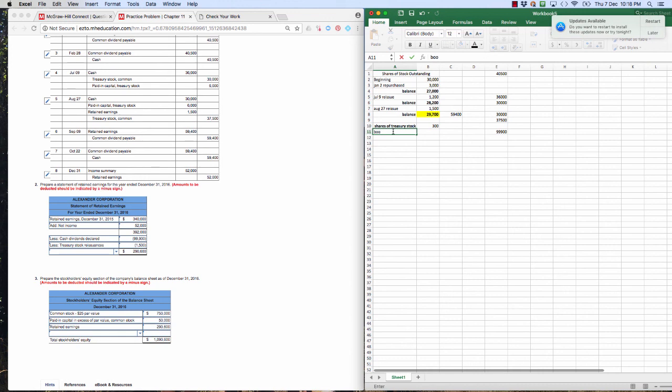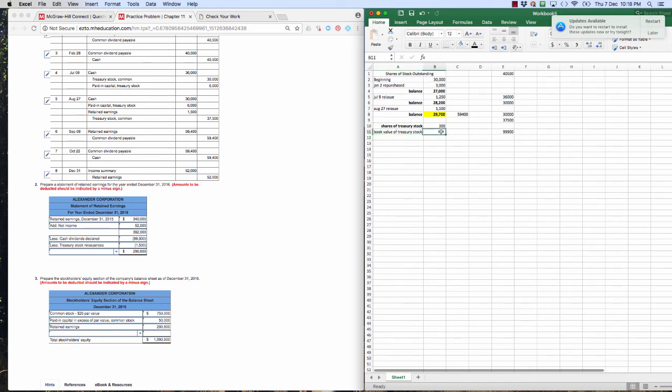And then the book value of that is just equal to the number of treasury stock shares that we own multiplied by the par value when they were first issued, because what we're trying to do is just adjust the book value.